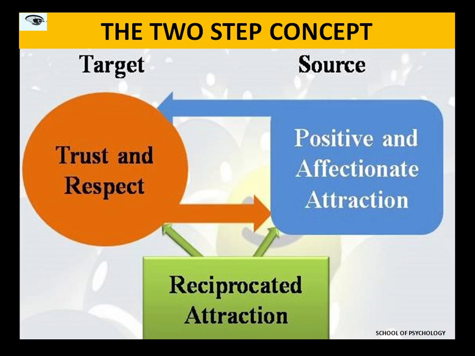And this attraction, this affection, this positivity, this respect, this trust will eventually be mutual. It'll be from the source towards the target, and from the target for the source.